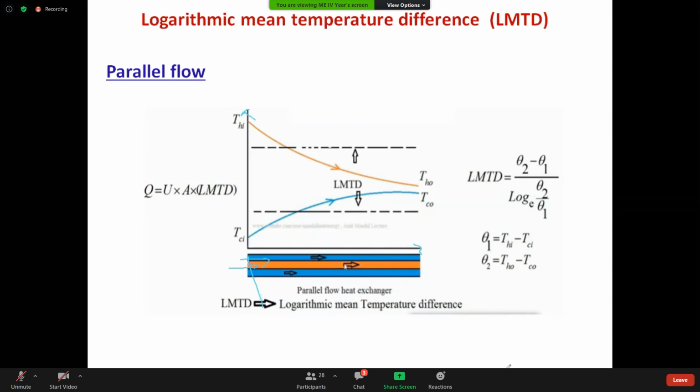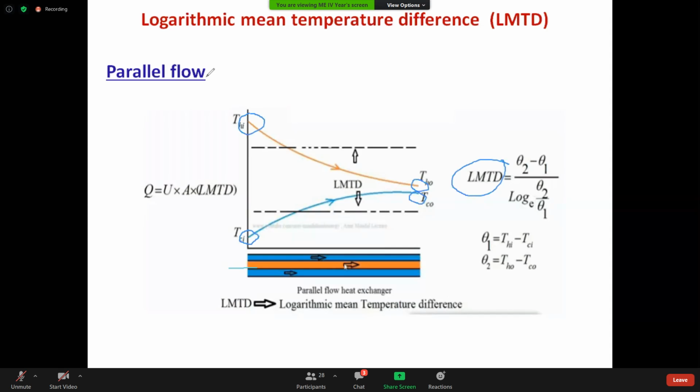For example, this is the hot fluid inlet temperature and this is the hot fluid outlet temperature. This is the cold fluid inlet temperature and the cold fluid outlet temperature. Listen very carefully because this LMTD is very, very important. Q depends upon UA into LMTD. Entire problems are based on these formulas only.